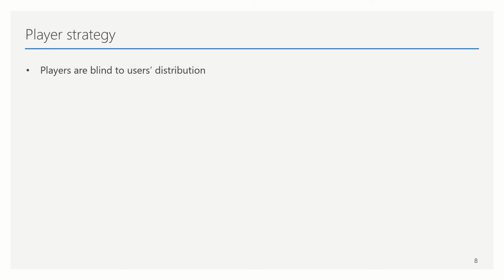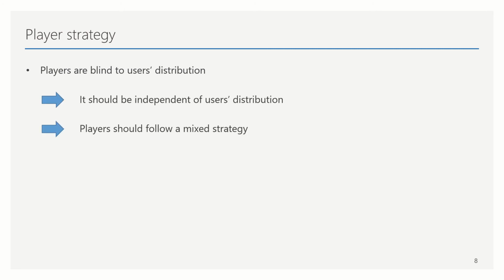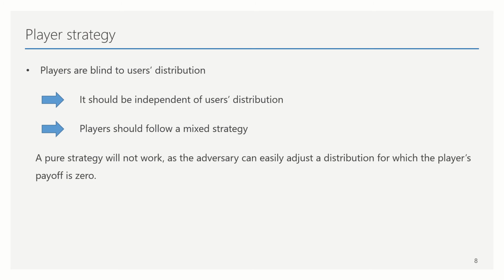So how can we define a player's objective? As players are blind to user distribution, the objective should be independent of it. So players should follow a mixed strategy because a pure strategy will not work here, as all the time there's a distribution for which the player's payoff is zero.